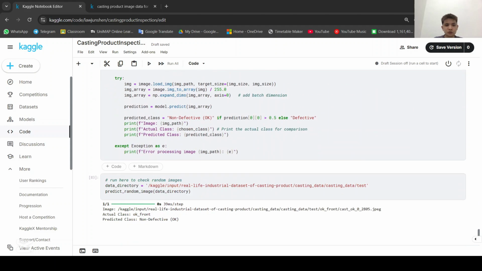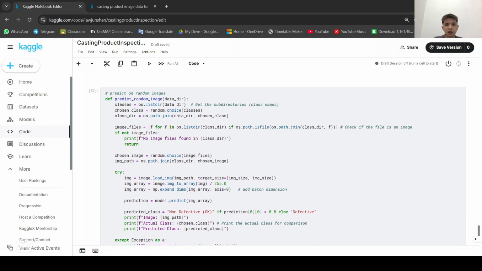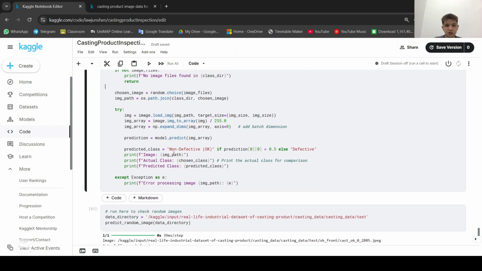The next and last part, I manually wrote code to predict a random image. The function here randomly selects an image from the storage.